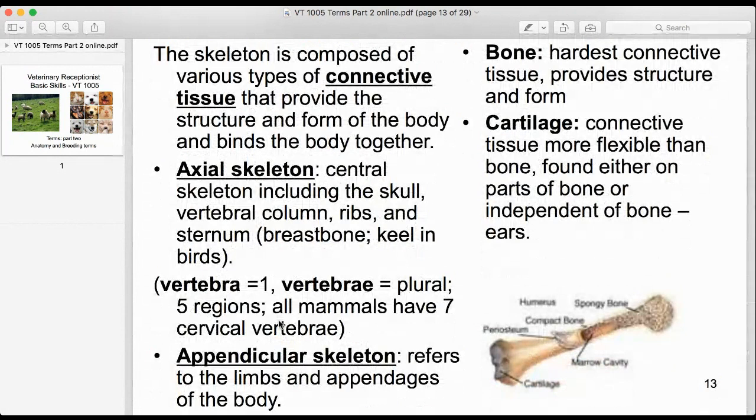So bone is the hardest connective tissue. It helps provide the structure and form. And cartilage is a connective tissue that's more flexible than bone, but also helps keep the parts together. And I have a picture of a bone on this slide. So again, understand the terms in bold and the definitions that go with them.